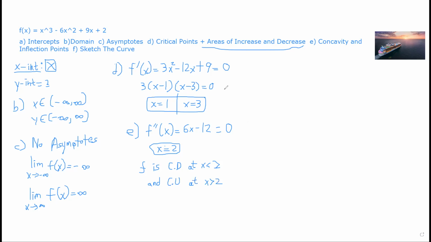Okay, now back to this. Let's do the second derivative test. f double prime of 1 is 6 times 1 minus 12, which gives you negative 6.